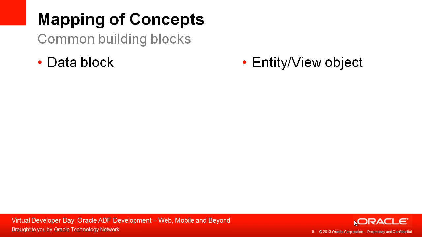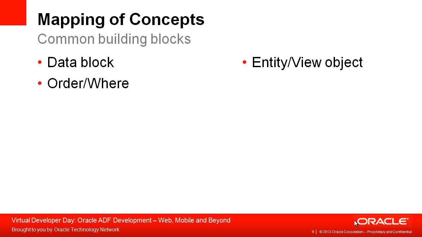In fact, it's split into two different objects called an entity object and a view object. But together these things provide the exact same function as a data block. It's providing some sort of object in your application that's mapping to a database table and holding data in your application while you manipulate it before you then commit it back down to the database.